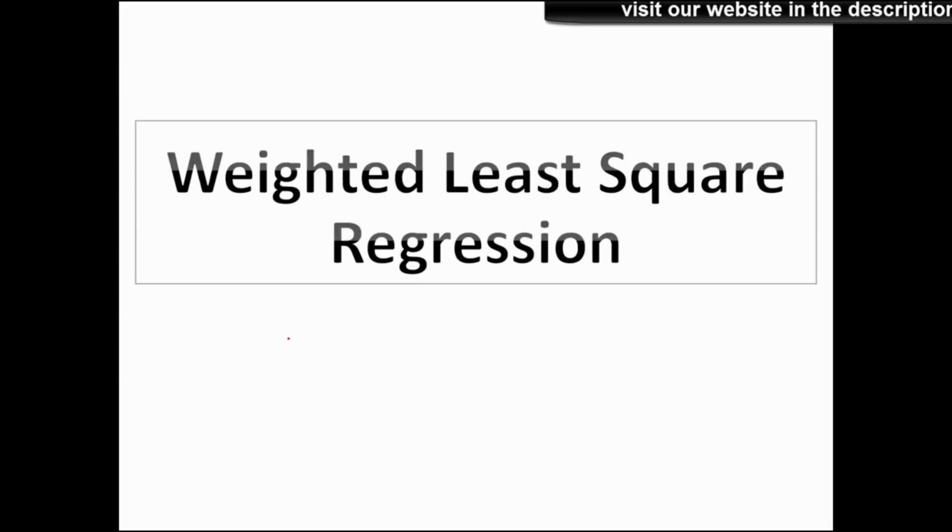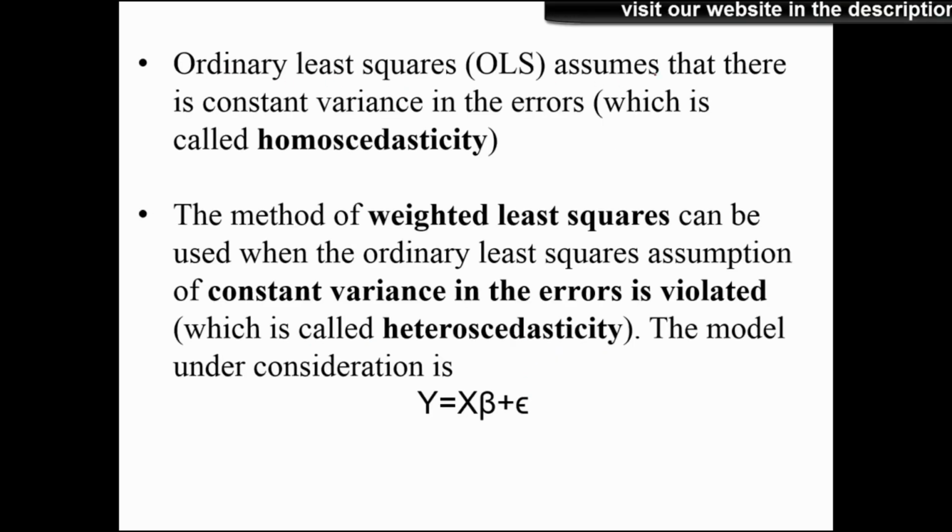Well, weighted least square is popularly known as WLS, and ordinary least square is known as OLS. So we will understand what the difference is between ordinary least square and weighted least square. Ordinary least square assumes that there is constant variance in the errors. So we have an error term, right?